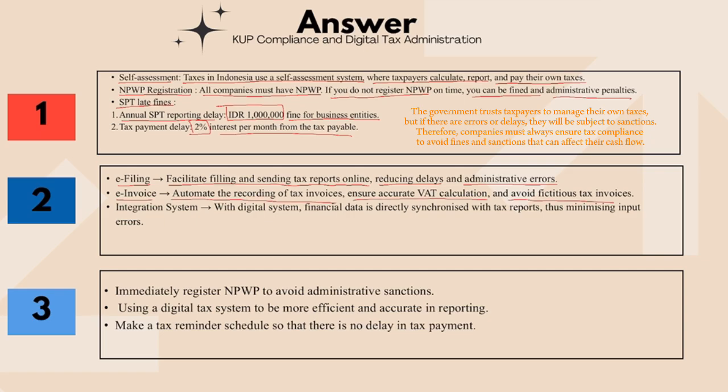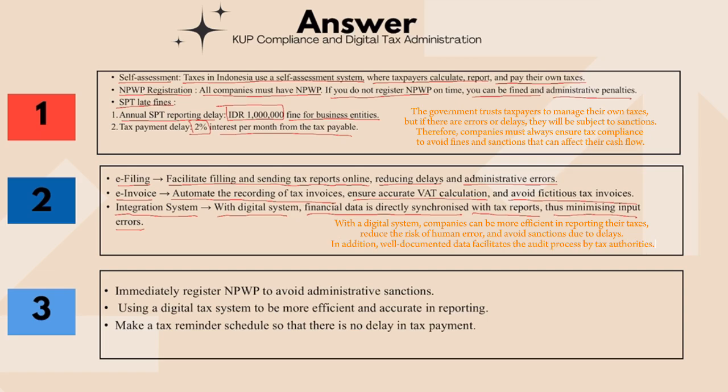Number three, system integration. With a digital system, financial data is directly synchronized with the tax report, minimizing input errors. With a digital system, companies can be more efficient in reporting their tax, reduce the risk of human error, and avoid sanctions due to delays. In addition, well-documented data facilitates the audit process by tax authorities.